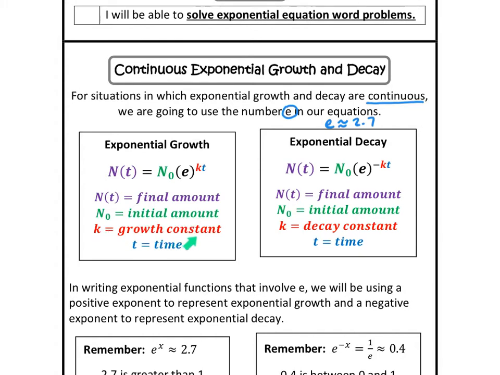K is the growth constant, but K can also represent the decay constant depending on what we're working with, right? Are we working with something that's growing over time or something that's decaying over time? And t represents time. The difference between these two equations, if you notice, is that growth has a positive k and decay has a negative k.